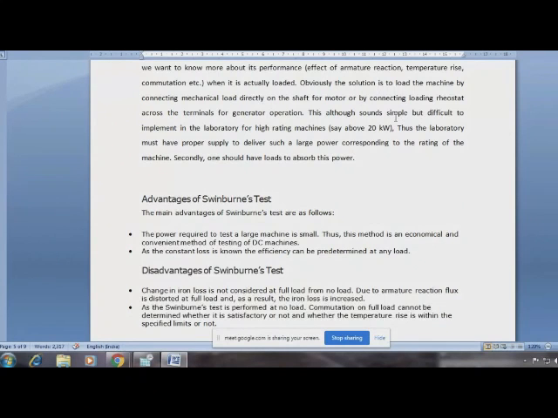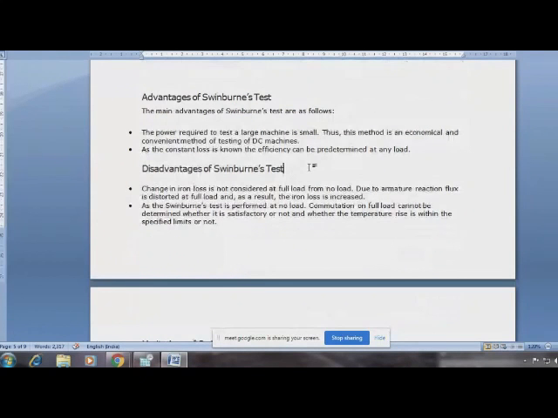And the drawback is, in this test, the objective is to find out the rotational loss. And since we find the rotational loss on no load, we assume that the rotational loss doesn't change even with the load condition.